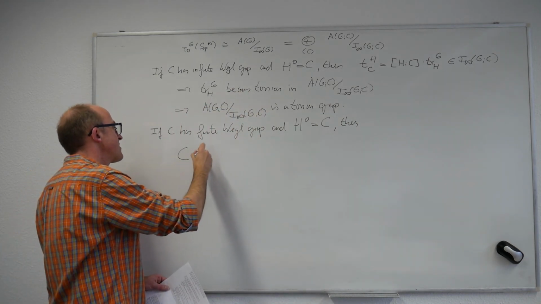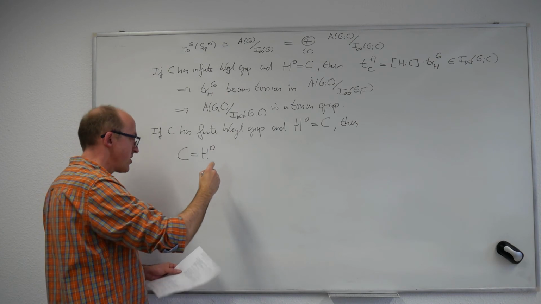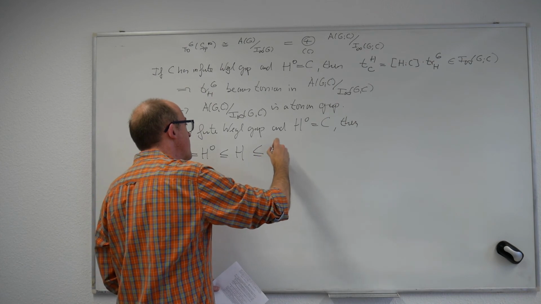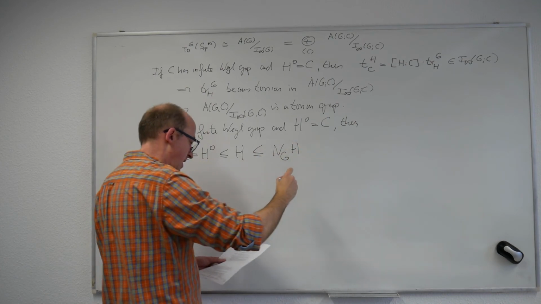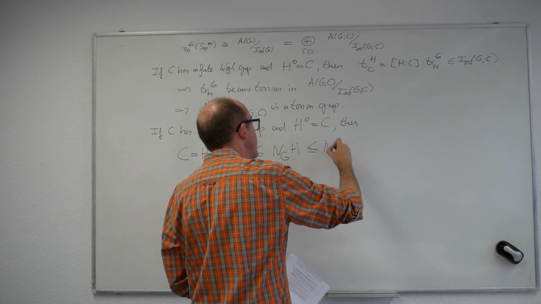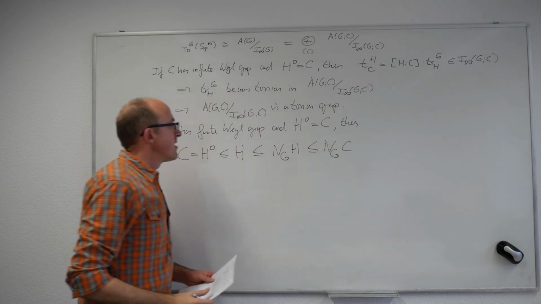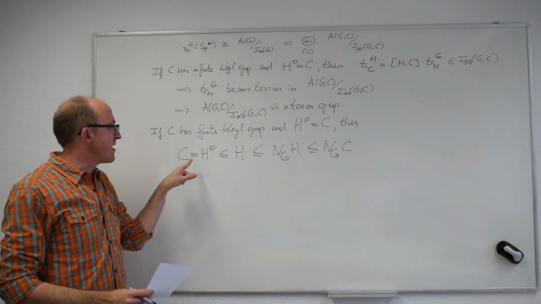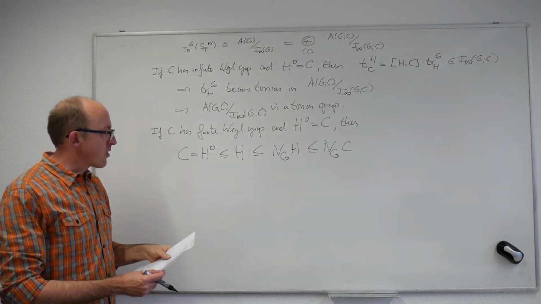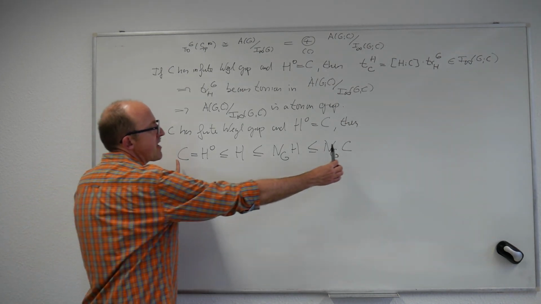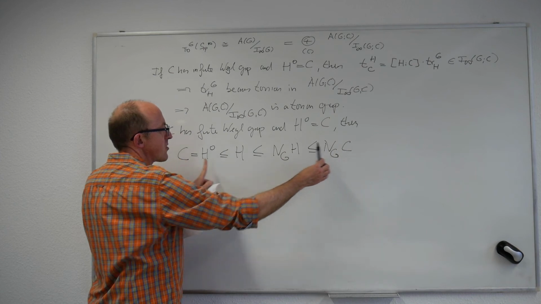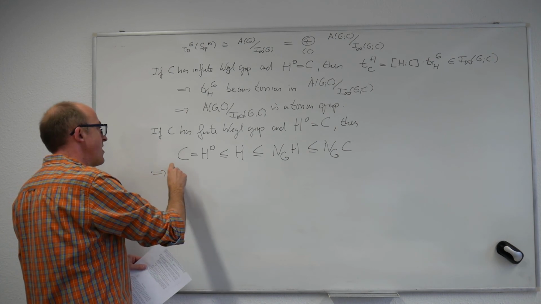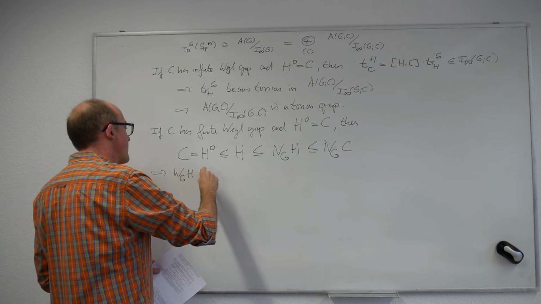So on the one hand we have C, which is the identity component of H. This is certainly contained in H. H is certainly contained in the normalizer in G of H, and this is contained in the normalizer in G of C. Because if something normalizes H, it must also normalize its identity component, which is C, so that gives these containments. Now we have assumed that C in its normalizer has finite index, so we can conclude that also H in its normalizer has finite index, so this implies that W_G H automatically has a finite Weyl group.